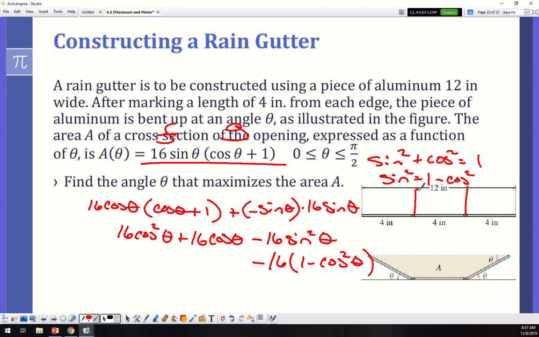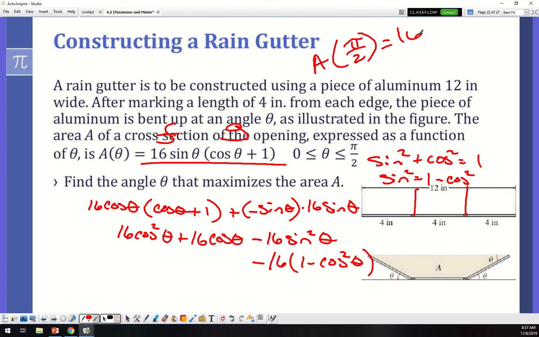It's 1, right? Sine at pi over 2 is 1. Cosine is 0. Okay, so this is 0 plus 1 is 1 times sine, which is 1, right? Okay, times 16. So at pi over 2, area, right? So this A of pi over 2 is 16.